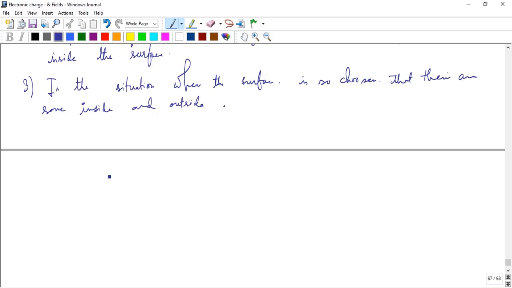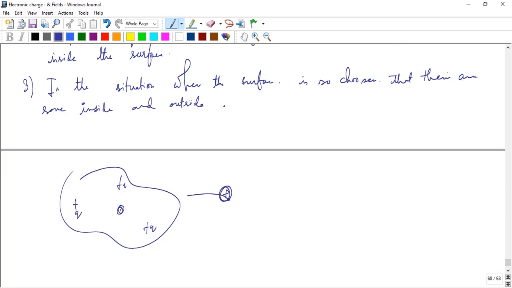The surface is like this, with charge here or here, anywhere inside or outside. If there is a plus q outside, there is some electric field at that point due to it, so the electric field at that point may differ due to these charges. These two charges affect the electric field at that point.